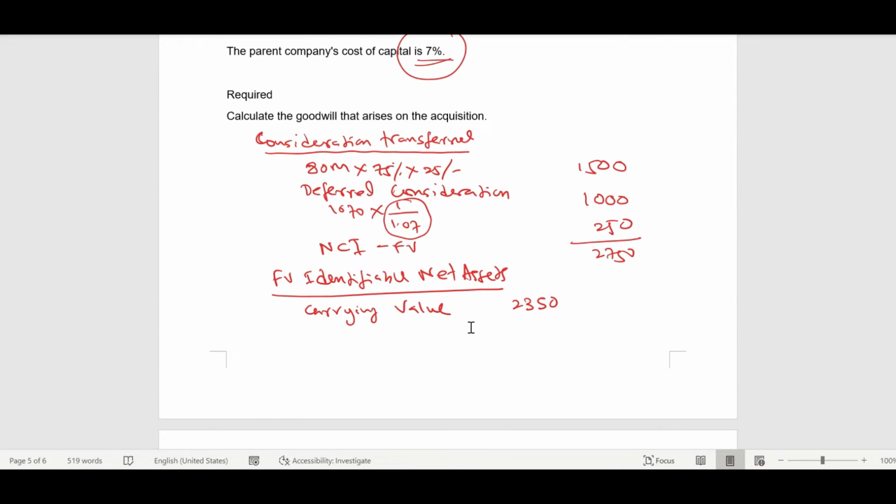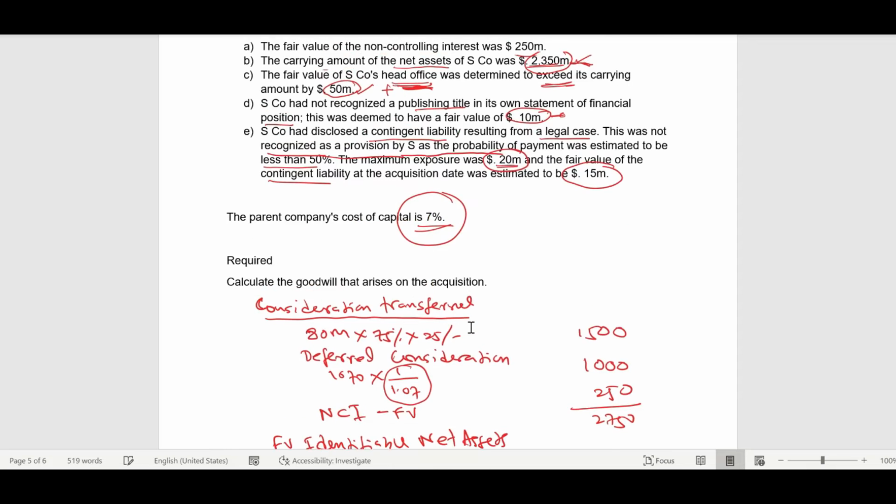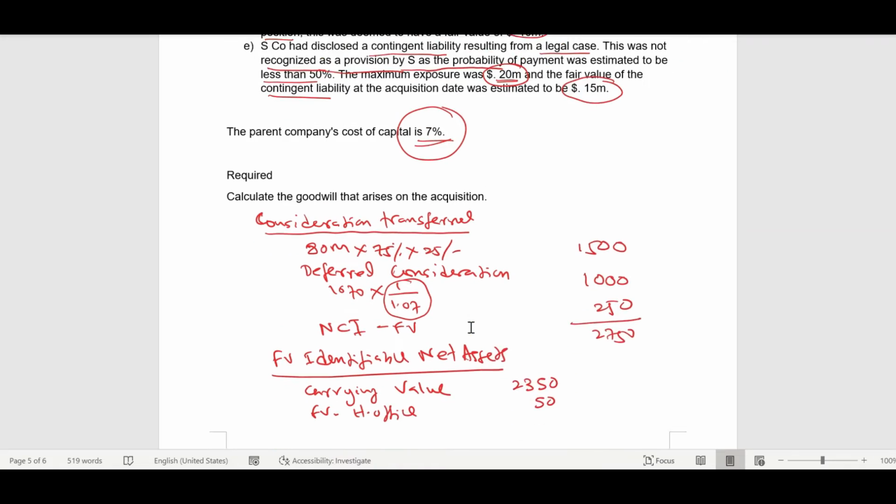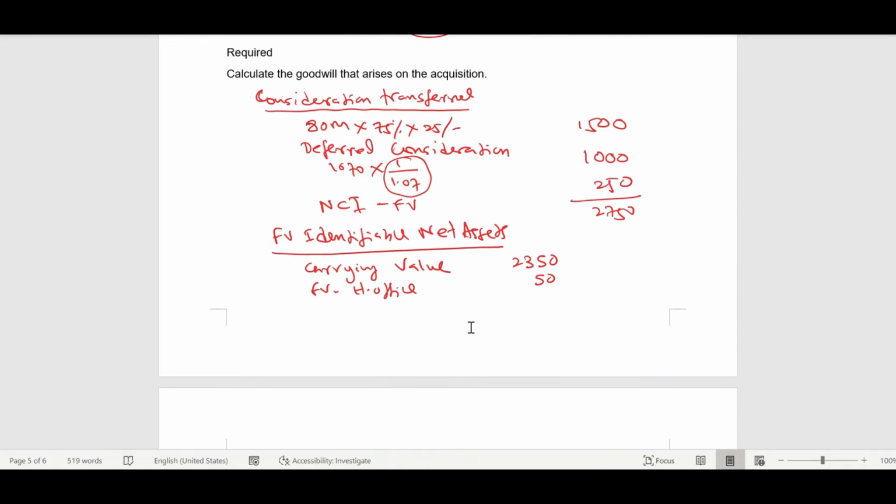So we can say the fair value adjustment for head office is 50 million. Then there is another adjustment for the publishing title, that is the intangible assets. Their fair value, how much is that? It's going to be 10 million.